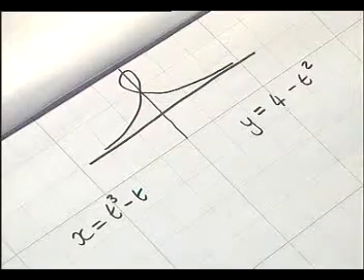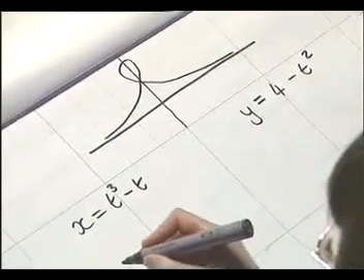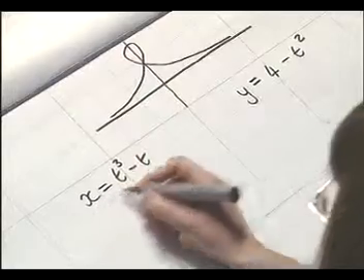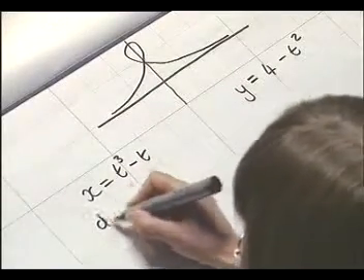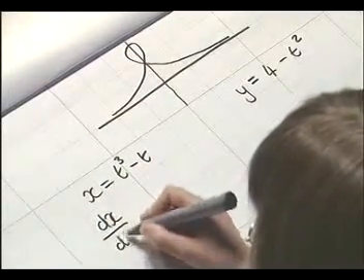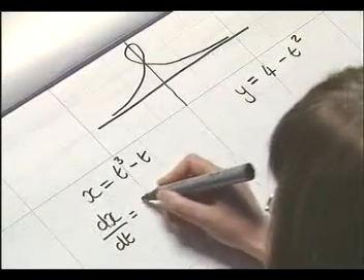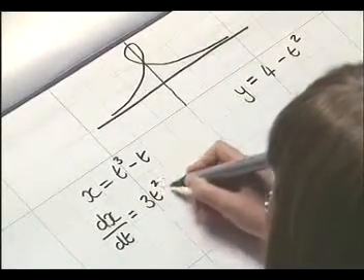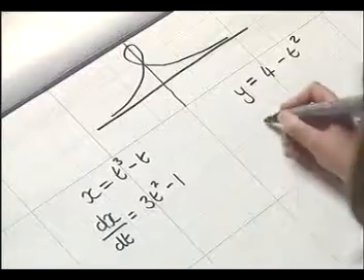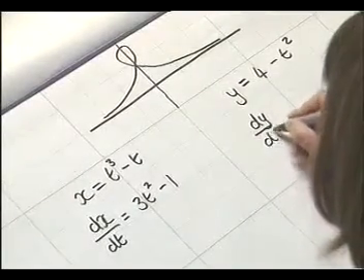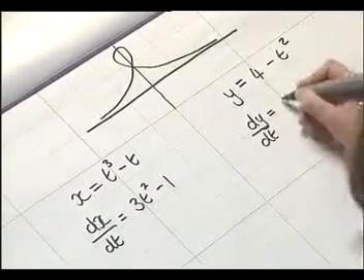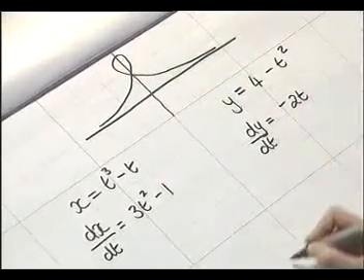Again, to find the gradient function of the equation, we're going to differentiate each with respect to the parameter. So dx by dt is 3t squared minus 1, and dy by dt is equal to minus 2t.